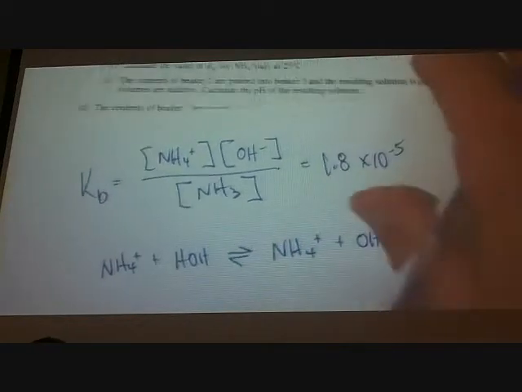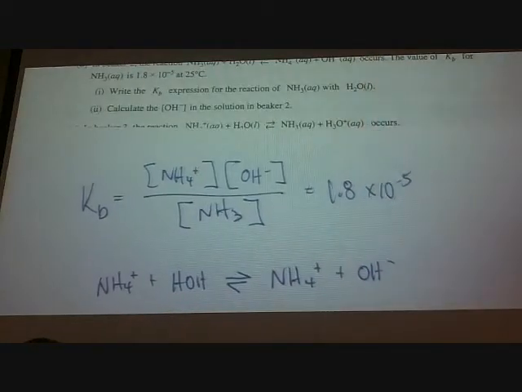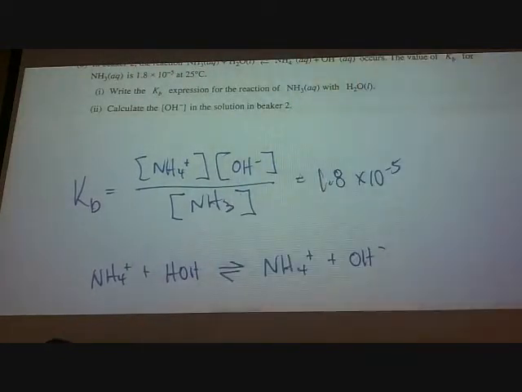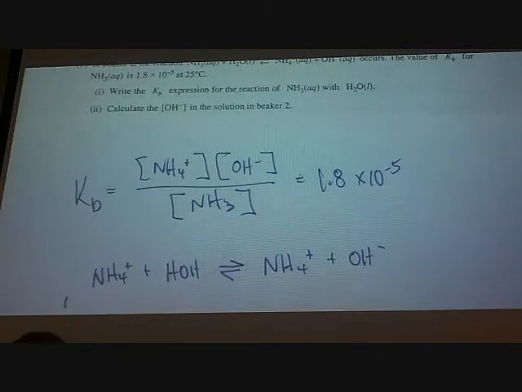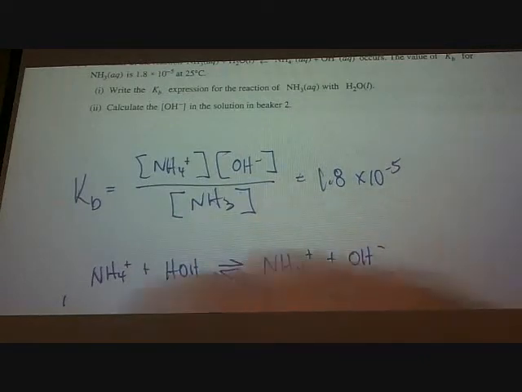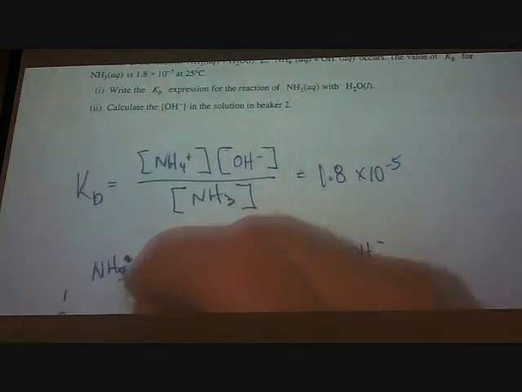And do we know any information? Oh yeah, we have a 0.1 for this. Going from NH4 to NH3. Oh, my bad, my bad. That's a 3. Thank you. NH3.